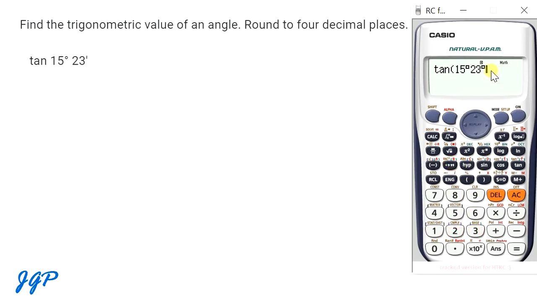Kung mapapansin nyo, parehas lang silang degrees. Pero po, ang second na degrees natin dyan is for the minutes. Hindi na siya sa degree. Pag may kasunod pa yan, ibig sabihin that is for the seconds. And then, close lang natin. And we have now the answer, 0.2751329579. And that is the value of our tangent 15 degrees and 23 minutes.